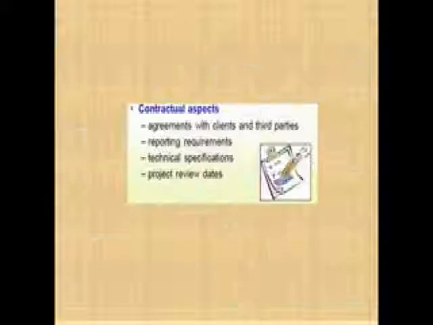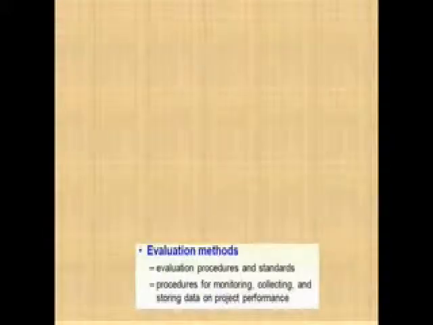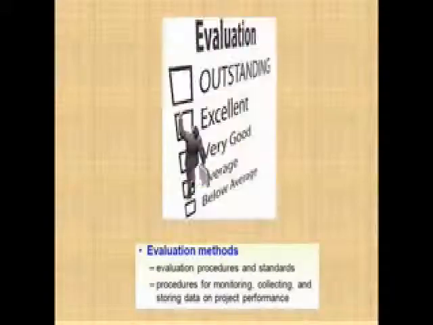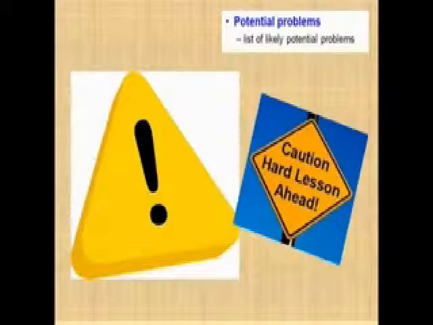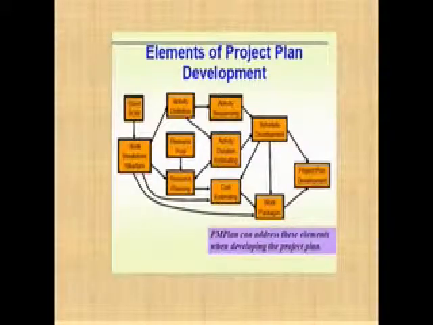We look at the contractual aspects, and even the evaluation methods will have to be defined at the onset of the project. Now, potential problems must also be looked into, and that will involve identifying certain risk factors that should be included in a project.